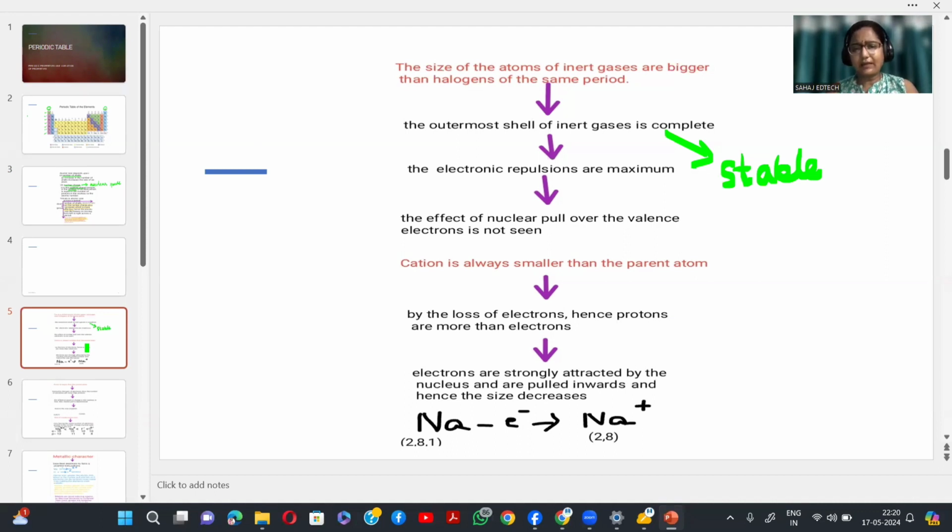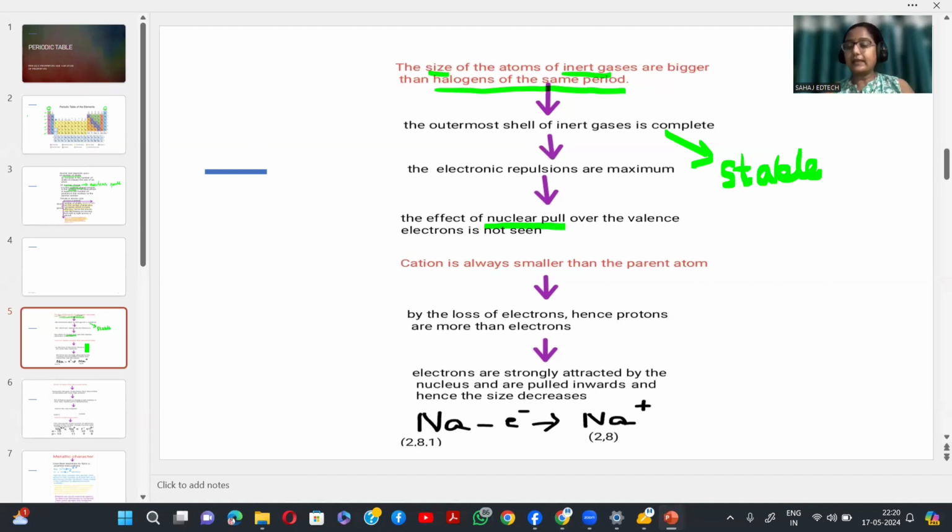Nuclear pull is not at all effective, because the atom is already stable. So that is why the size of the atoms of the inert gases is bigger than the halogens of the same period.